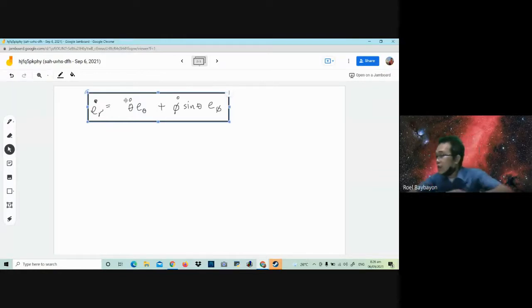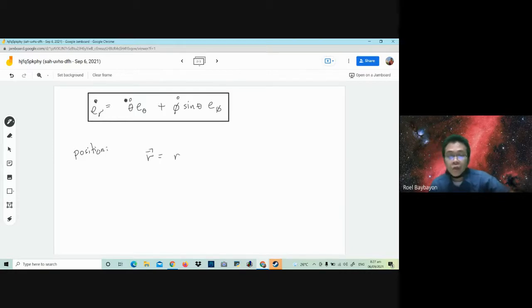Next, this is my ER, which I will use to calculate the velocity and acceleration of a system in spherical coordinates. I have the ER dot, which is important because the position R can be written as the magnitude times the direction ER, the radial direction.